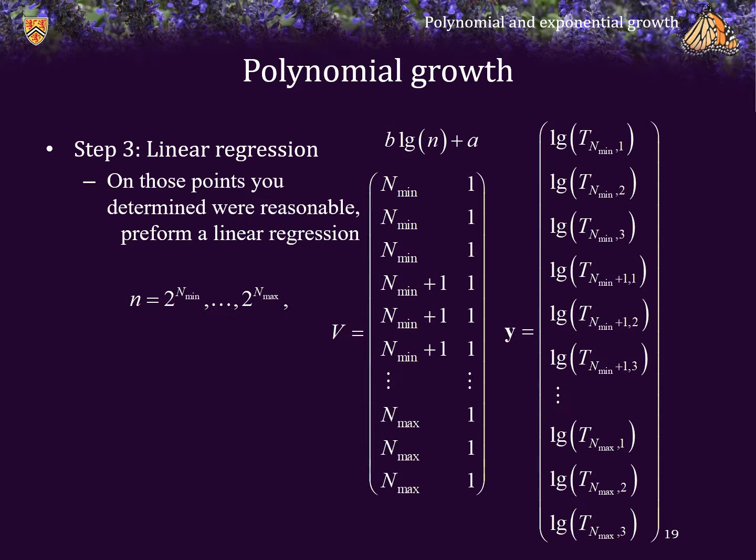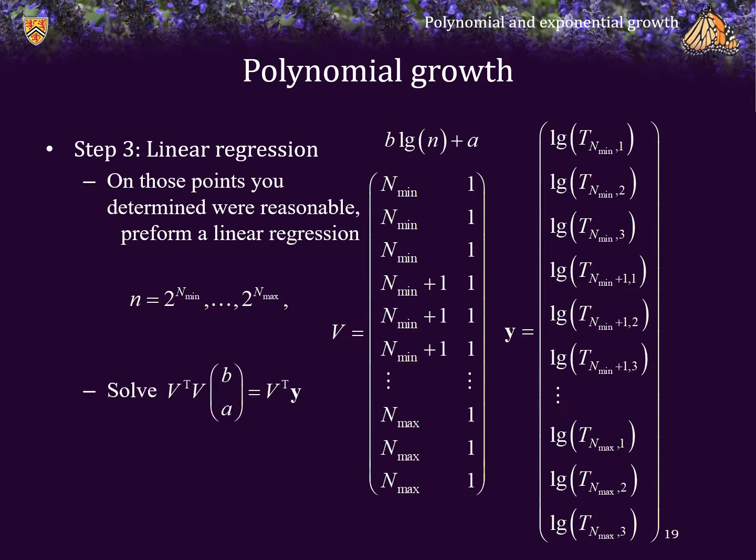The vector of values on the right-hand side are the logarithms base 2 of the times taken at n sub min. There's 3 of them. Then the times at n sub min plus 1, and so on and so forth up until the last point. So once again, we have 3 values for each value of n in the left-hand matrix.